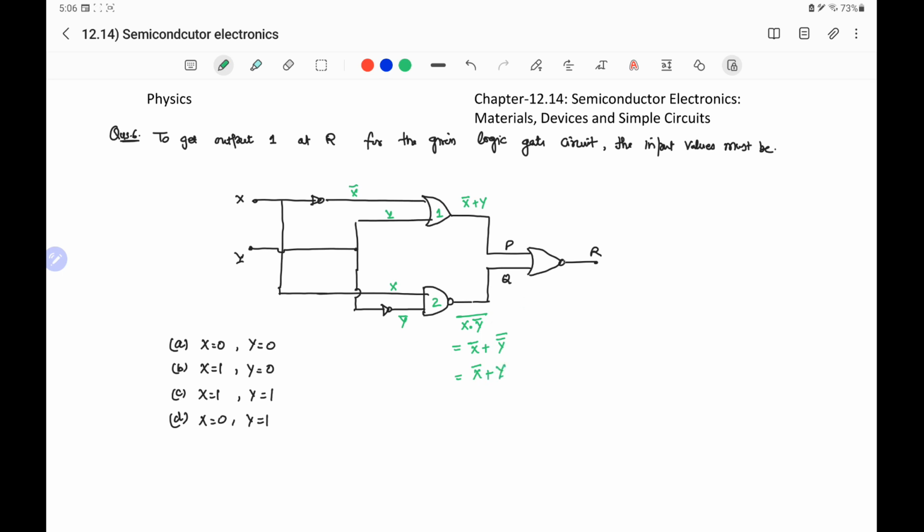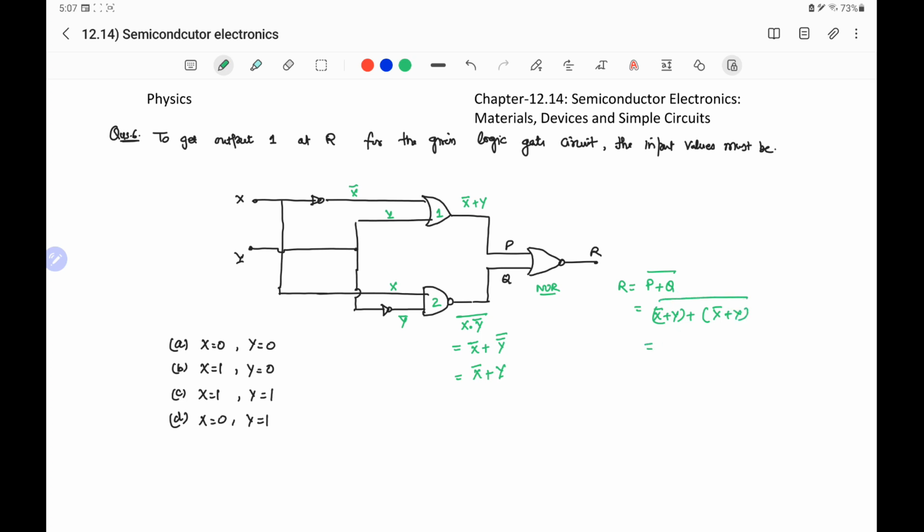And these two inputs are applied to a NOR gate. So output of NOR gate R will be equal to input P or Q, and its complement. And input P is complement of x or y, and the other is again complement of x or y, and its whole complement.